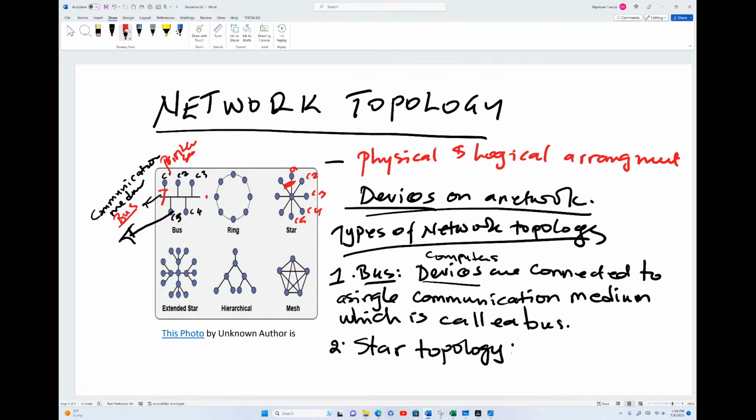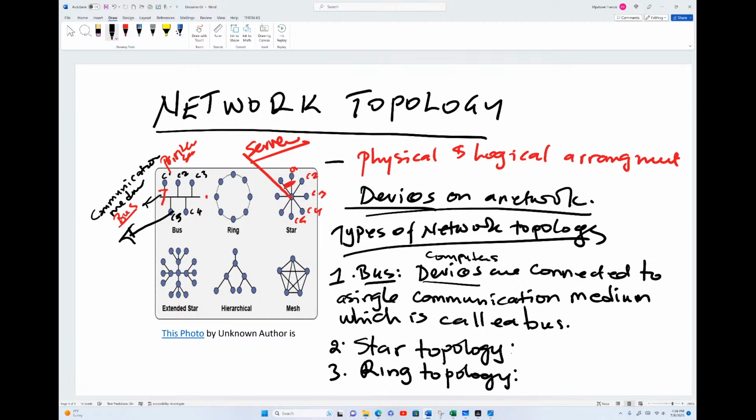But if the main server fails, this is the server, then the network will be affected, ladies and gentlemen. So that's something to do with the star topology. Then the other thing is that we are talking about number 3, which is called the ring topology.